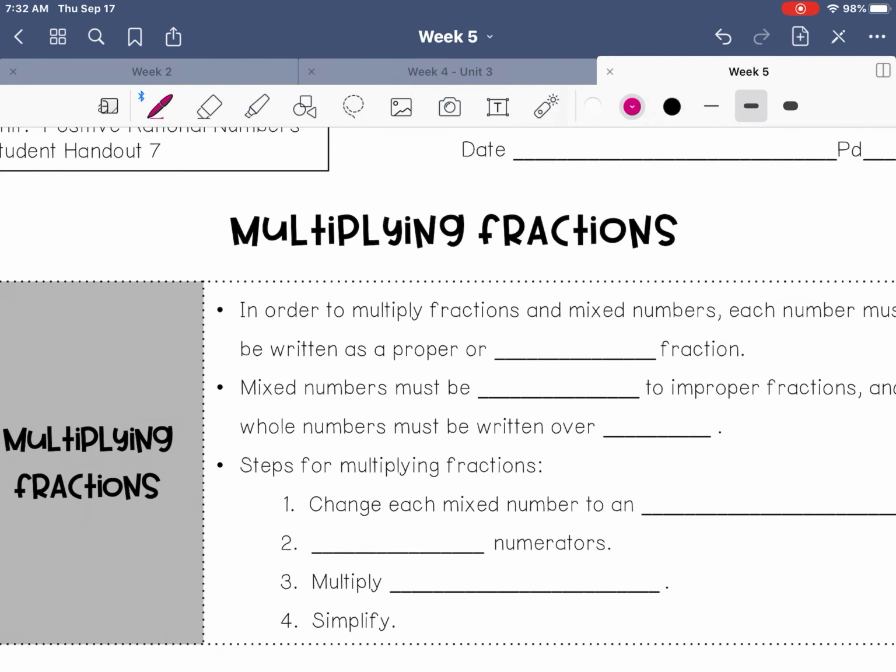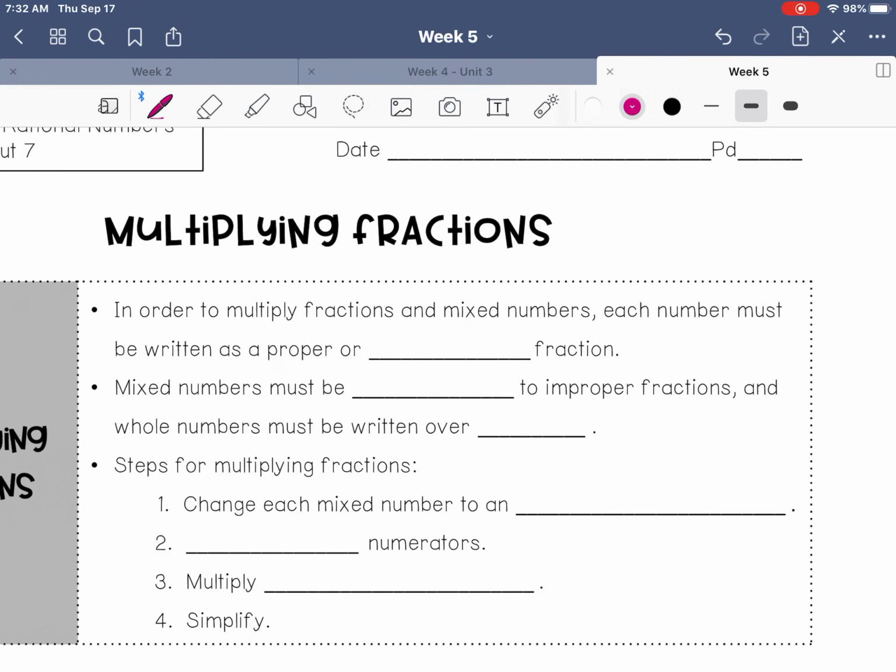All right. The rules for multiplying fractions are these. In order to multiply fractions and mixed numbers, each number must be written as a proper or improper fraction.